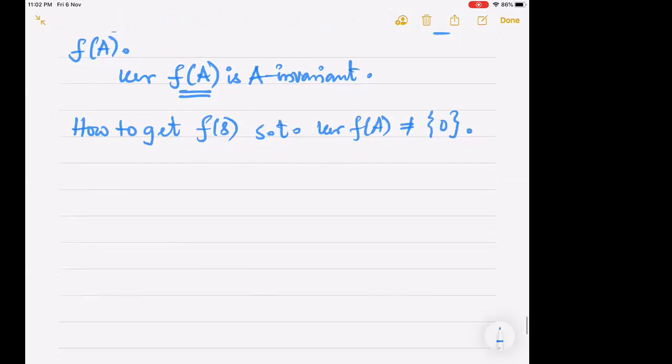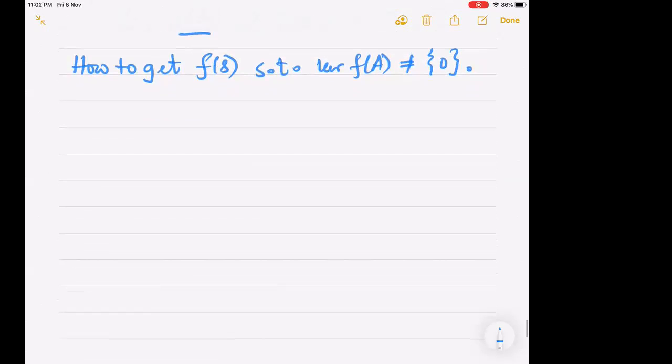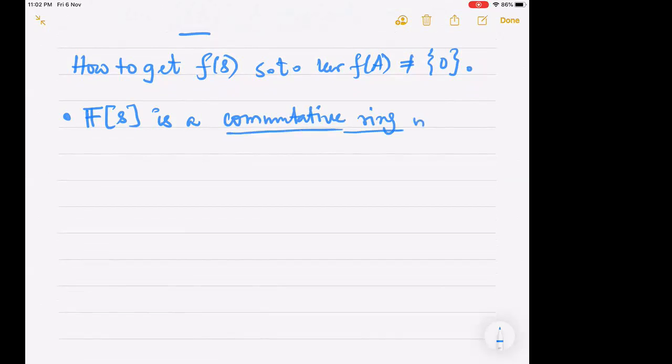So the first observation is that F[s] is what is known as a commutative ring with 1. What does this mean?